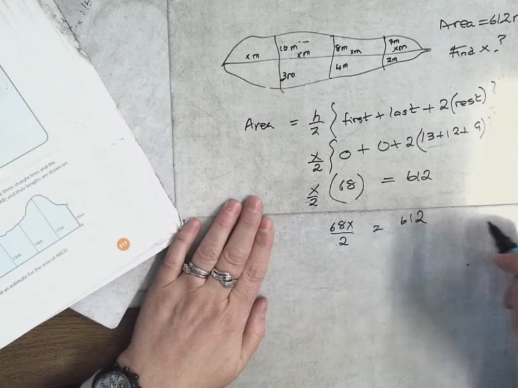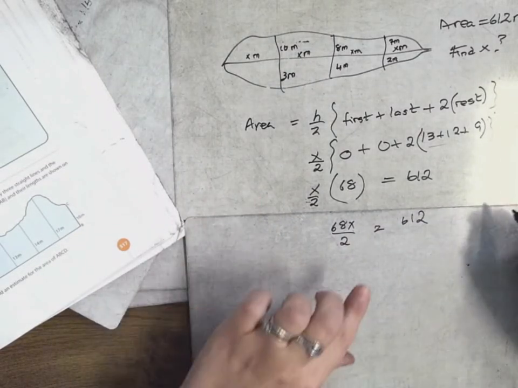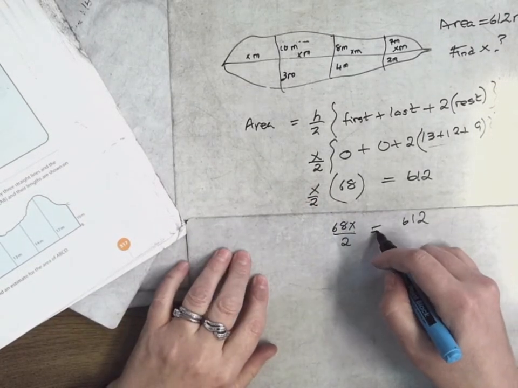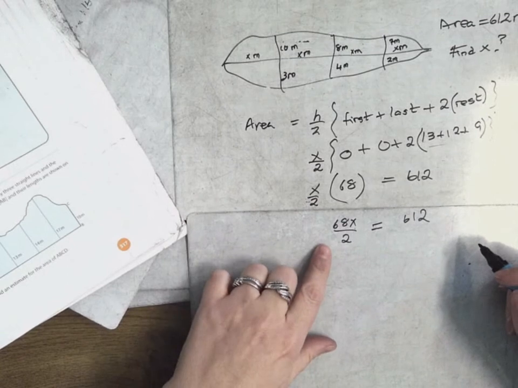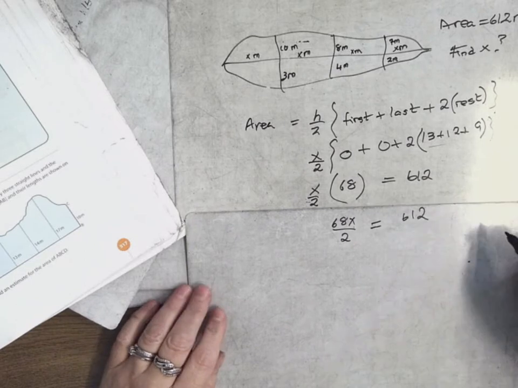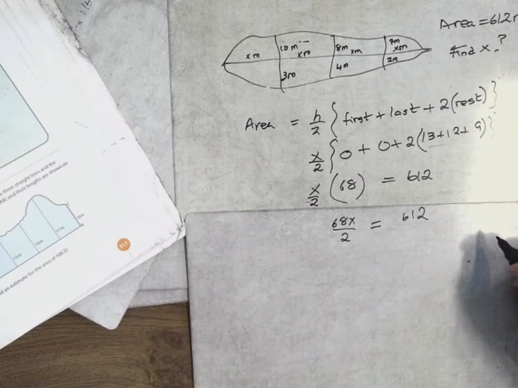Is that right? Okay, what I would do now is, are you familiar with cross multiplying? How would you have got rid of that 2 in the past? Multiplied everything by 2? Would you have done that? Right, or cross multiplied? Cross multiply, multiply everything by 2.